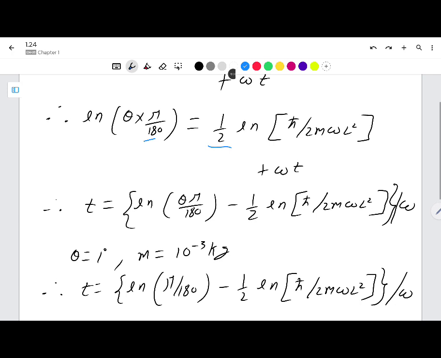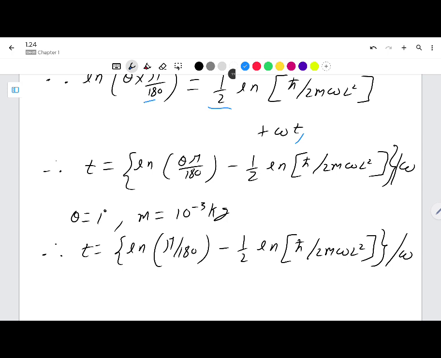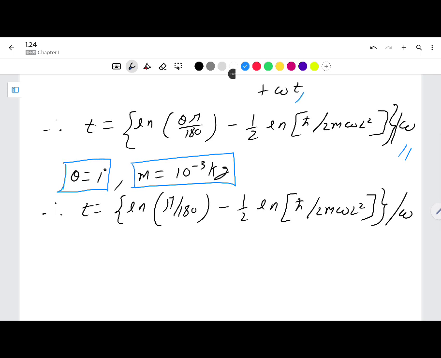So if we proceed further and keep the time on the left hand side and divide the entire term by omega, we get this result. And if now we assume that, let's say, theta, very small, is 1 degree and the mass is, let's say, 1 gram, and if we plug in all these values here, what should we get?